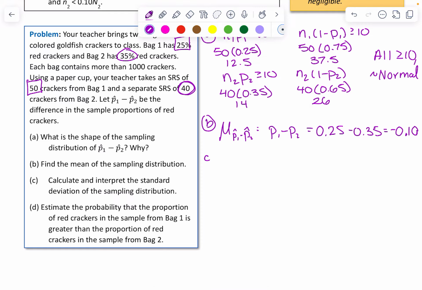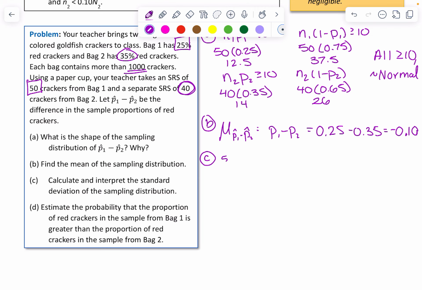All right, standard deviation. So they ask us to calculate and interpret it. Technically, they didn't ask about the 10% rule, but I'm going to do it just to get that in our brains. Now, usually we'd write assume that our sample is less than 10%, but I know my population size.